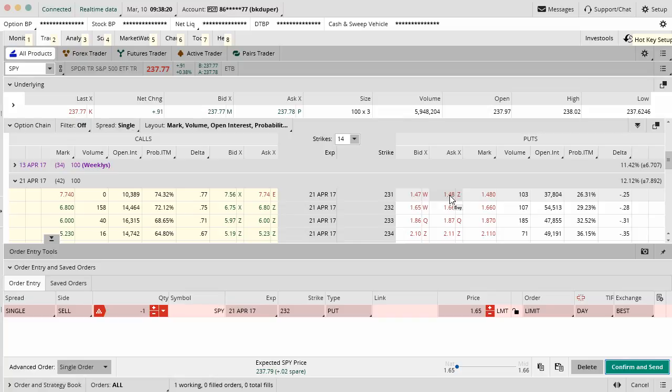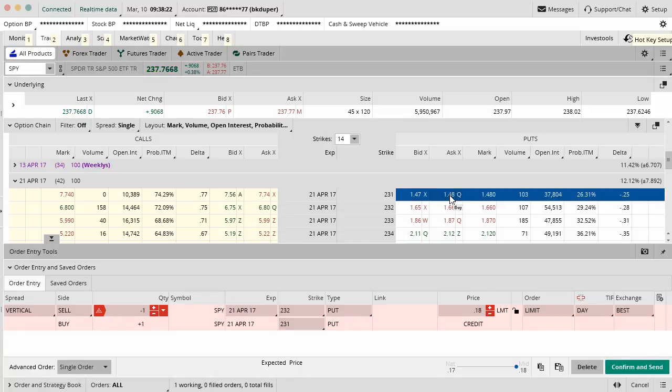Then you click on the ask price for the 231 options, and that will automatically associate the trade together as a vertical. That's actually the way that I like to do it. I like to manually click on the strike prices because I don't always use strikes that are right next to each other. It just allows me to quickly do this without having to use the toggles here on the strike price. Whatever works for you though, that's how you can do it. You just want to hold down the control key right inside of your Thinkorswim platform as you're building that out.